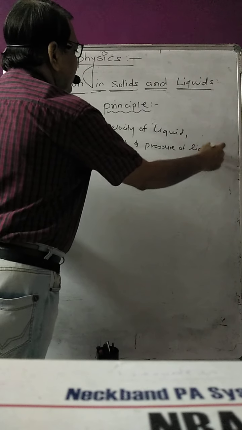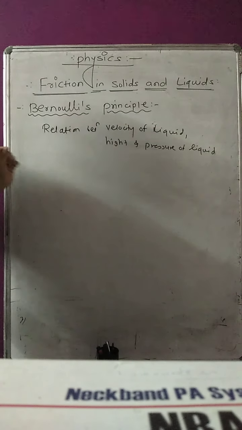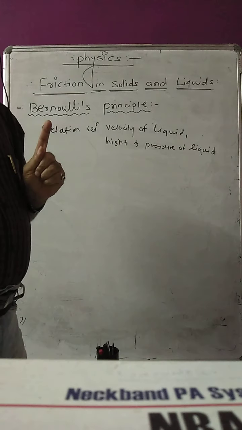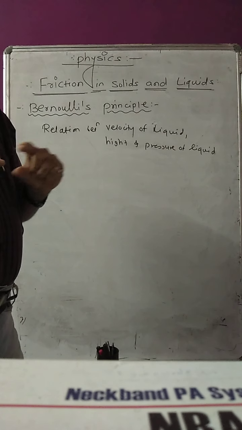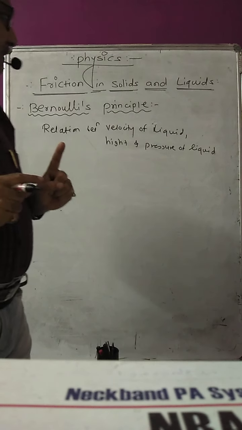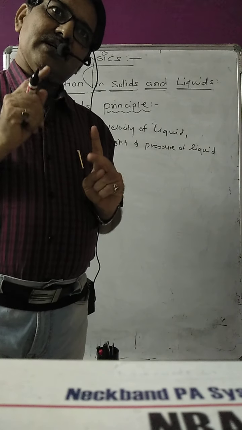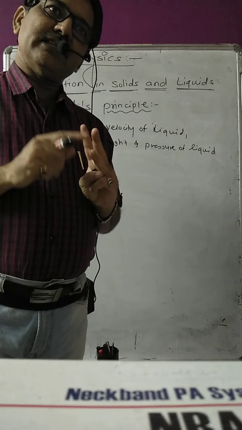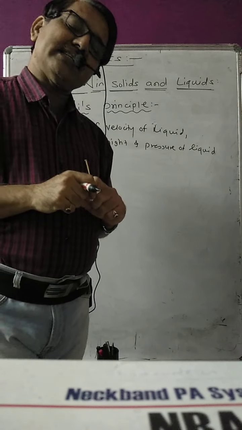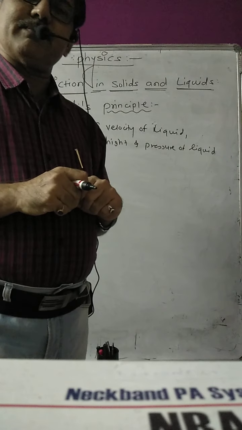That means Bernoulli has given the relation of three quantities for any streamlined fluid: the relation between the pressure, velocity and height of the liquid. That relation is nothing but Bernoulli's principle.